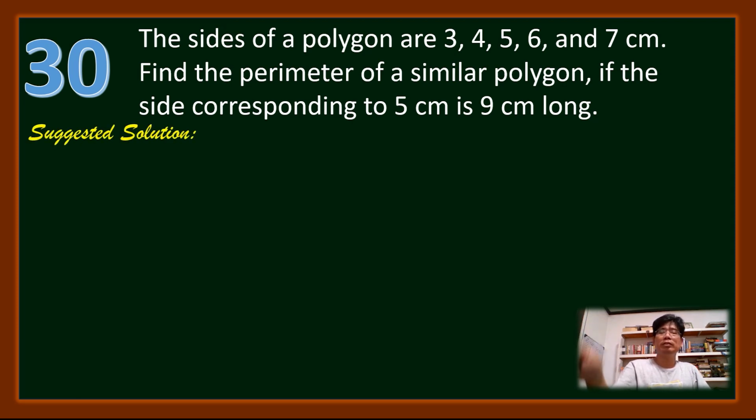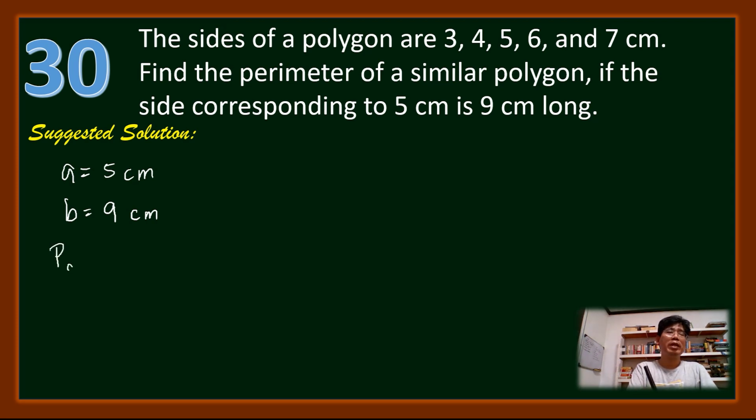For our suggested solution, if two polygons are similar, then the ratio between corresponding sides is equal to the ratio between their perimeters. Let A be the 5 centimeter side of the first polygon and B be the corresponding side, which is 9 centimeters.